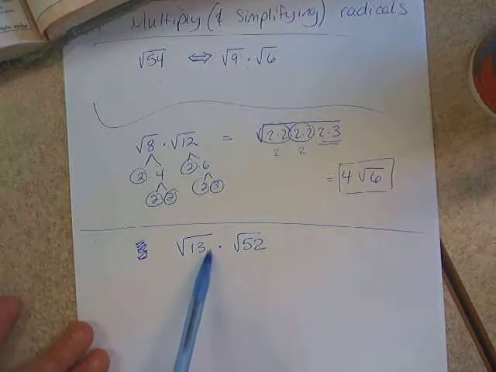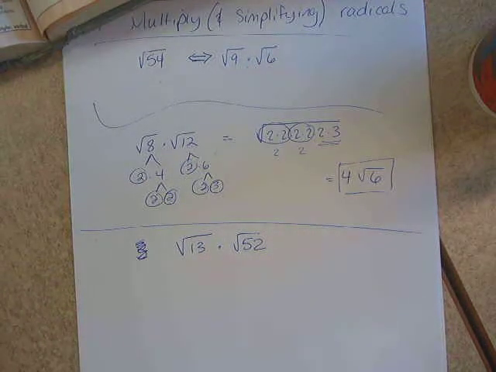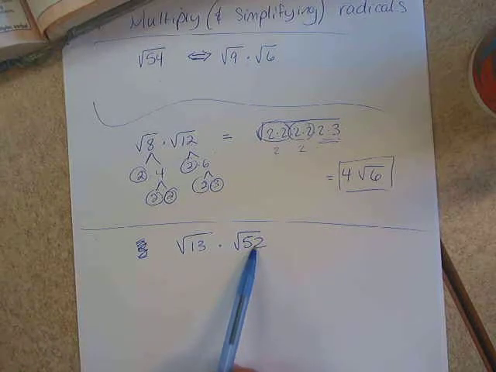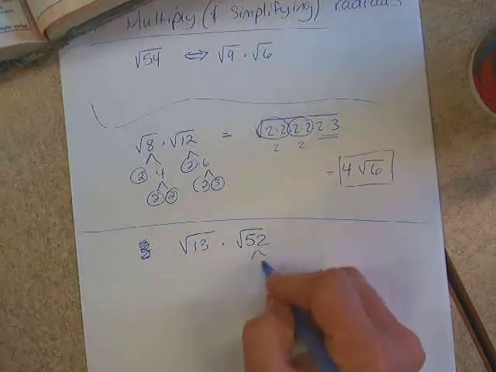Okay, so this one looks just like the one we did. Now, what if you have something in the radical that's prime? Does that simplify? I mean, there's no point in doing 13 times 1 just to get a tree. It's prime. There really is no tree, and we don't need 1. Okay, 1 doesn't do anything.